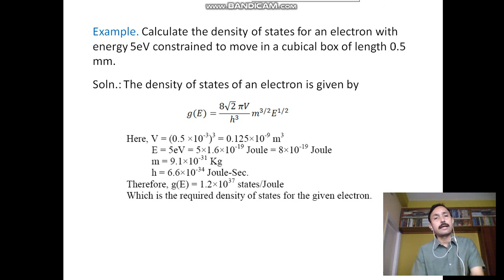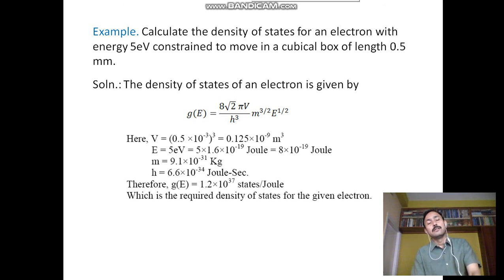So the supplied data is the energy of the electron, 5 electron volt, and the cubical box, its size is 0.5 millimeter, that is (0.5 mm) whole cube. This is the size. Now we have to find out the density of states.